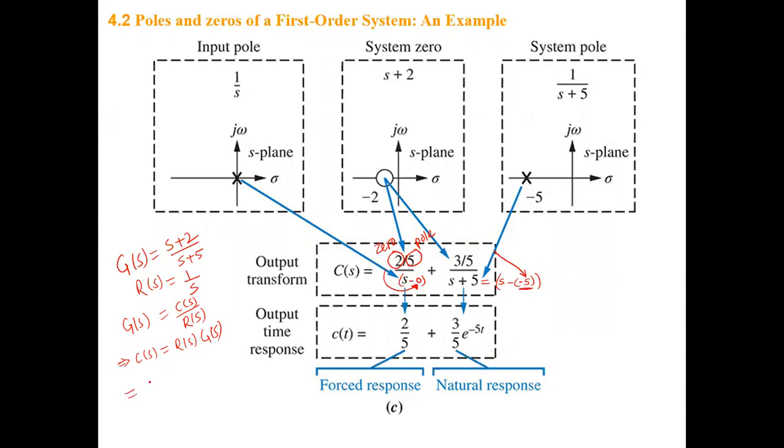So what is your R(s)? R(s) is 1 over s. And what is your G(s)? (s plus 2) over (s plus 5). So we have that.